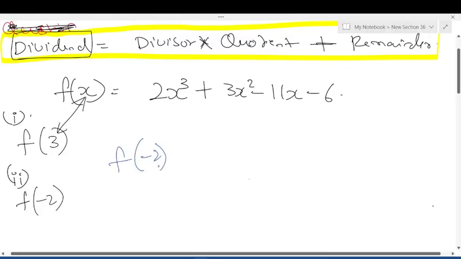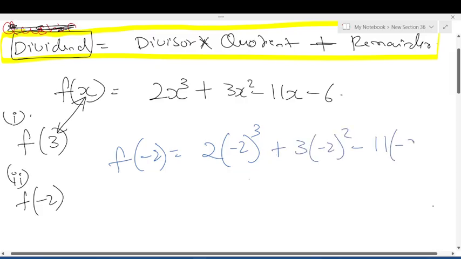F of minus 2. What should I substitute? 2 into minus 2 cube, plus 3 into minus 2 square, minus 11 into minus 2, minus 6. Solve this question.